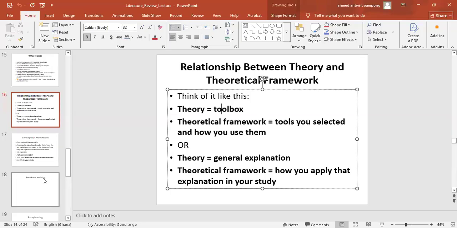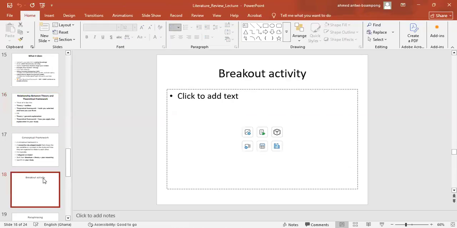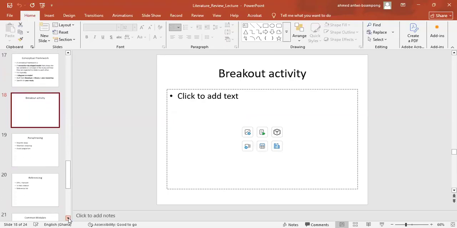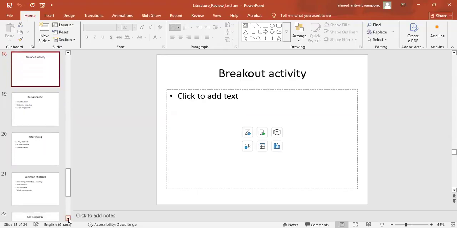Good. We'll do a breakout activity here. And this is going to be a very long one. I'm not too sure if we should do it right now, but it's going to be really extensive. Let me see if I can continue the lecture. Yeah, so let's do this. I'll skip the breakout for now.